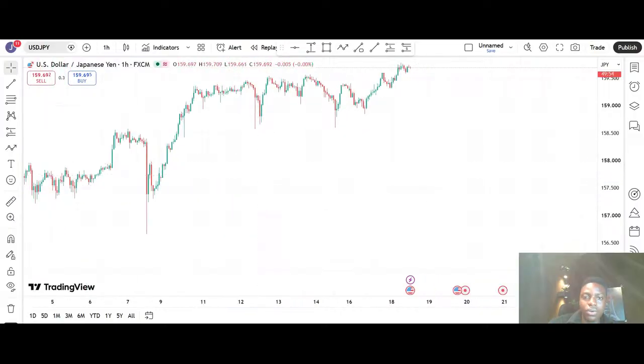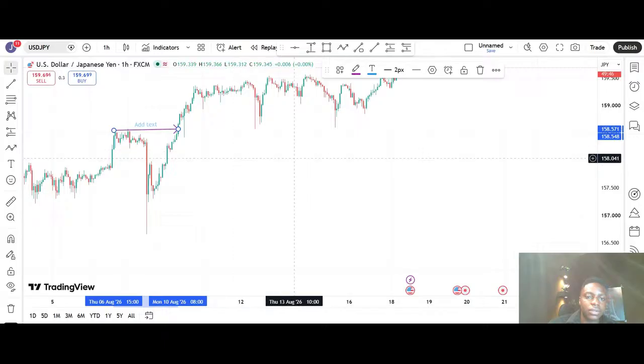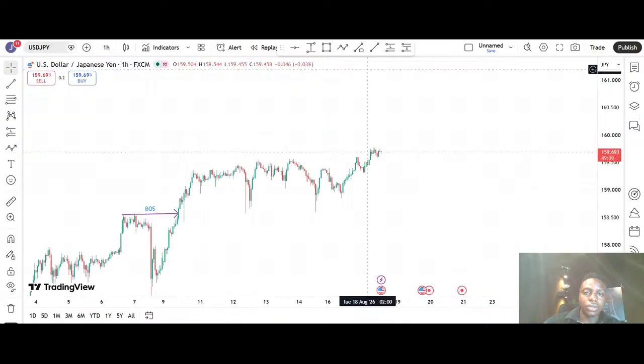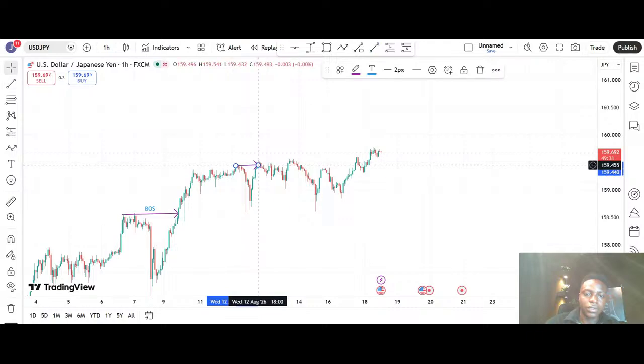So now we can see a break of structure here, right? Let's see what causes it. Yes, we can see a break of structure here. We can see another break of structure at this place.